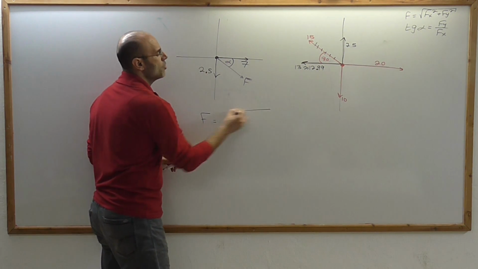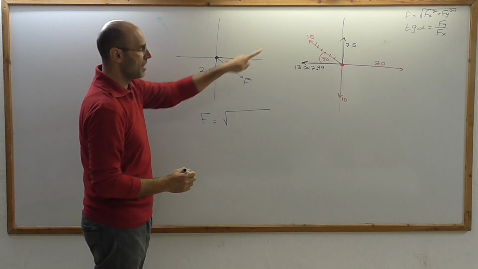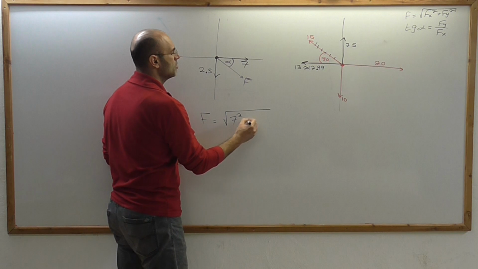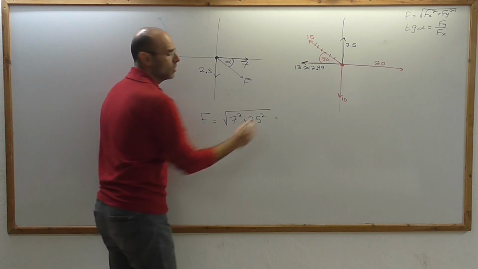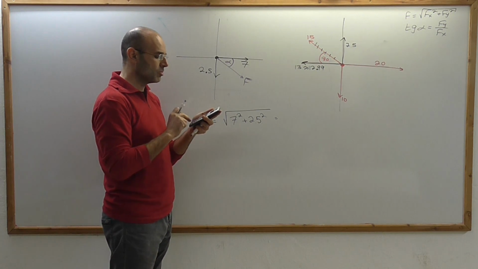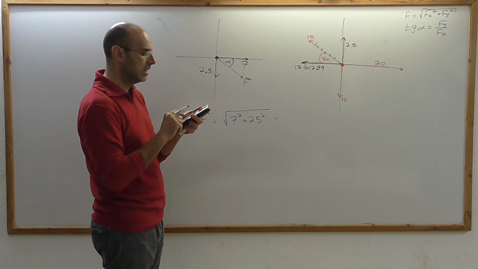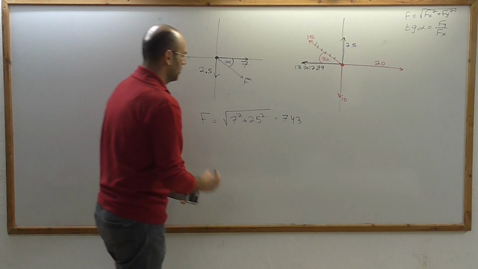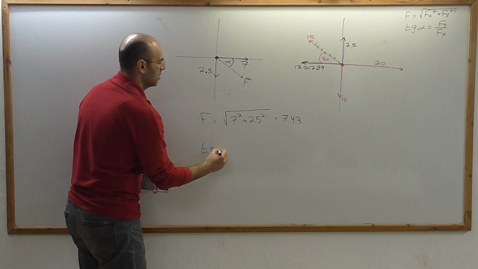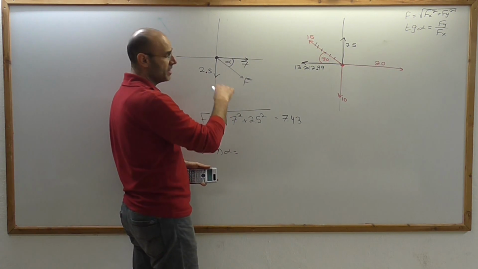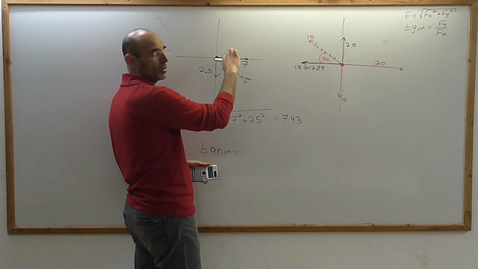F will be square root of fx squared plus fy squared. 7 squared plus 2.5 squared, which is square root of 7 squared plus 2.5 squared, 7.43. And tangent alpha is always fy over fx if I choose this alpha with the x pole.